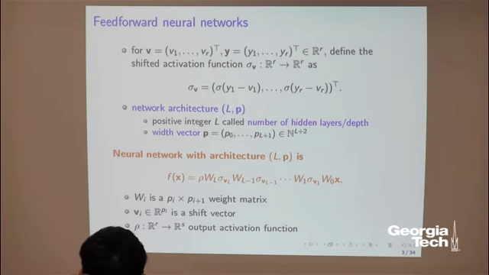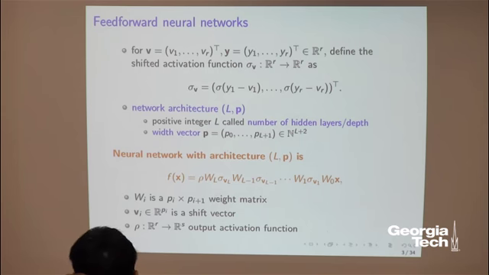We introduce these biases or shifts in every layer, called V1 to VL, and the weight matrices are called W0 to WL. The depth of the network, the number of hidden layers, is always denoted by L, and this vector P says how wide the network is in each of the layers, starting with the input layer, and the last entry is the width of the output layer.